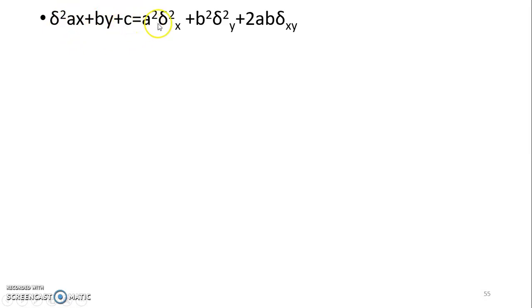So you get a squared variance of X plus b squared variance of Y plus 2ab covariance of X, Y.